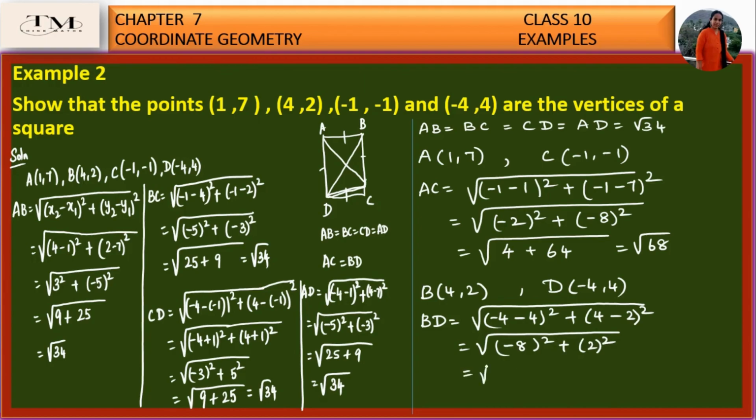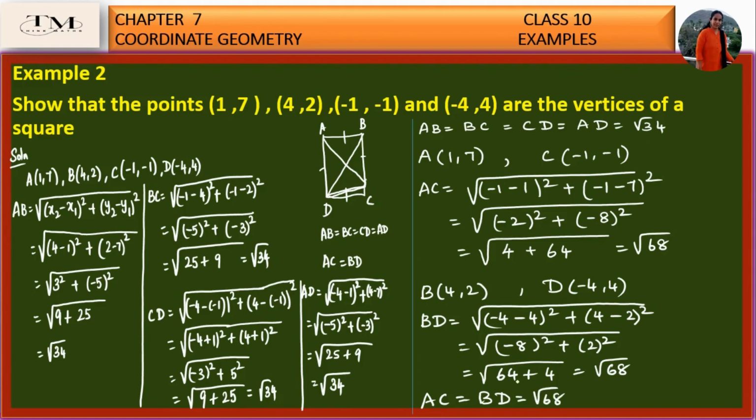So minus 8 whole square is 64, 2 square is 4. So 64 plus 4 we will get 68. So AC is equal to root 68, BD is equal to root 68. So we get AC equal to BD equal to root 68.